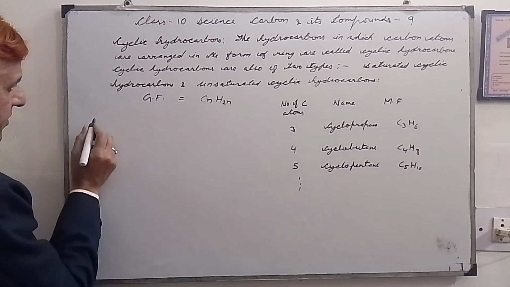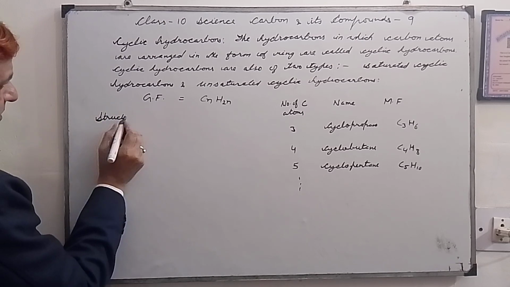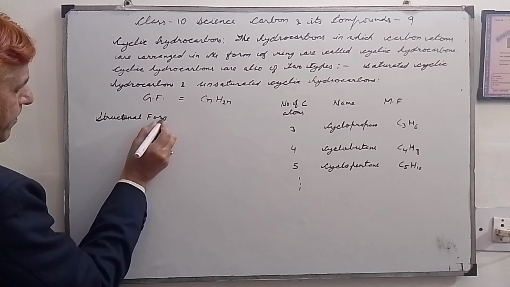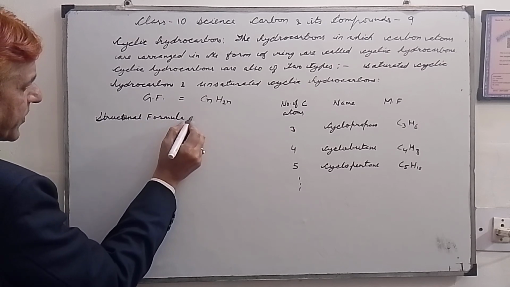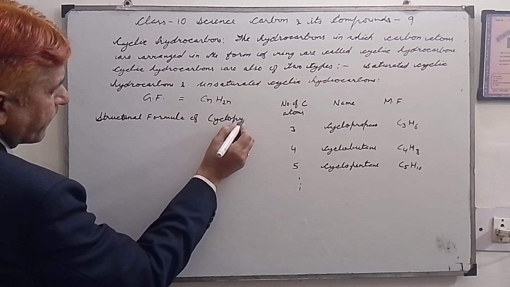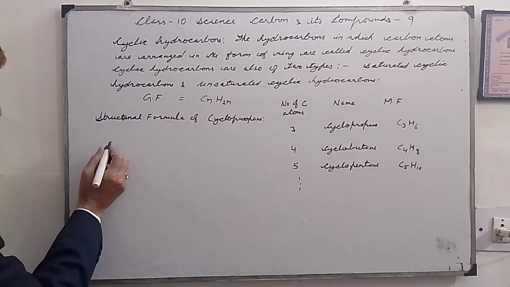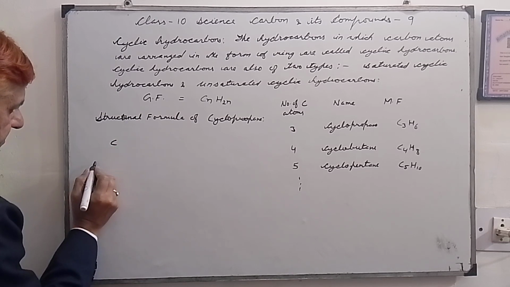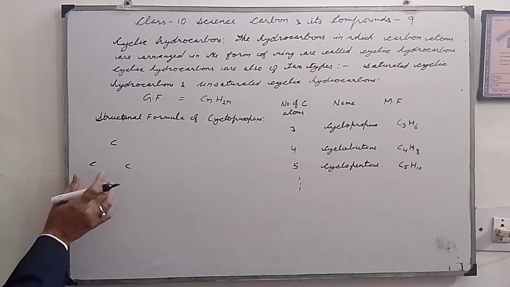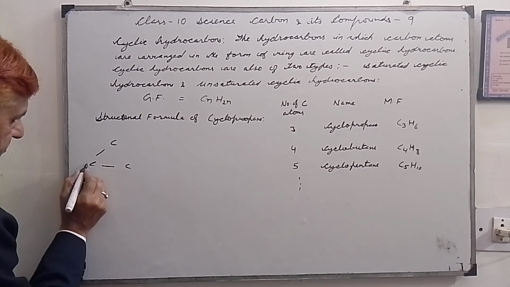For the structural formula, write C, C and C in a ring, and now complete the valency of carbon: 1, 2, 3, 4.